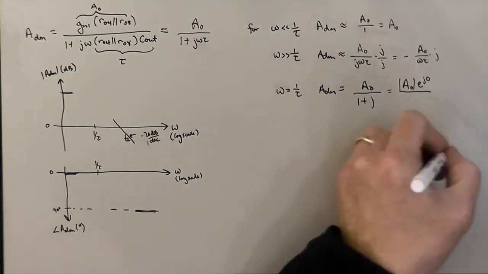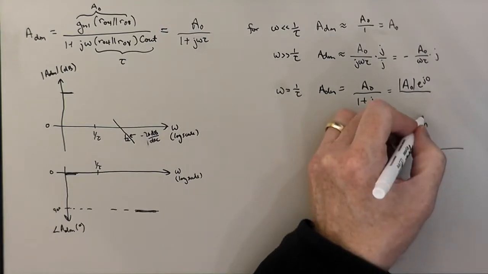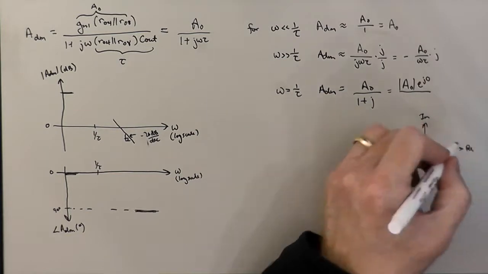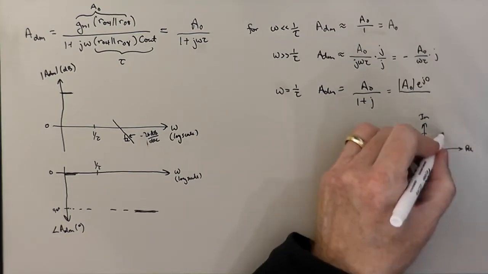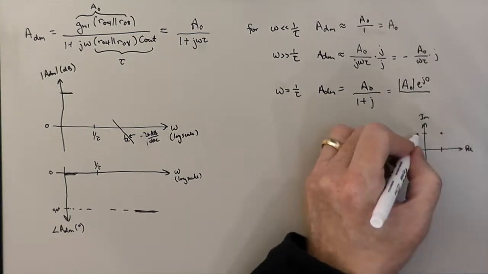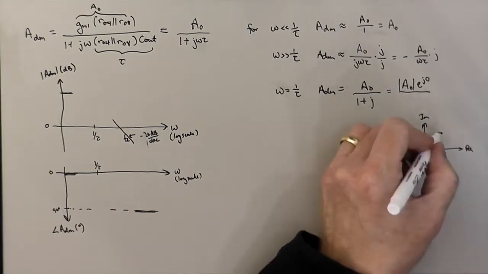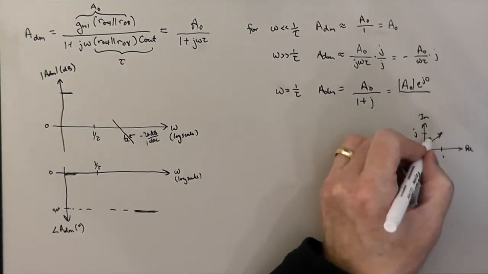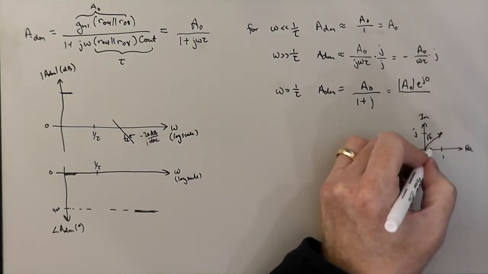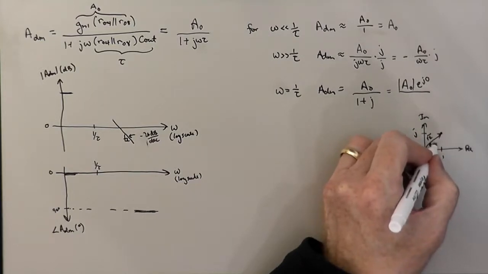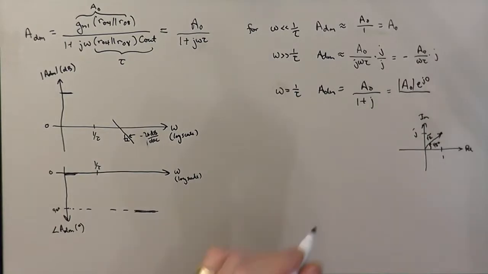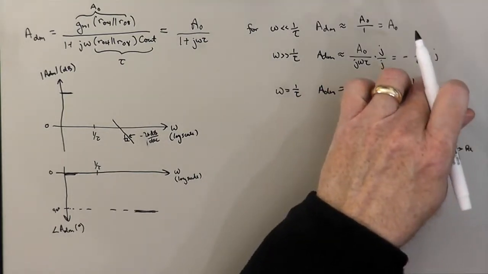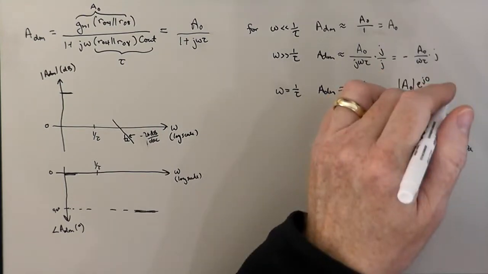So this is the imaginary axis, and this is the real axis, 1 plus j, so this is magnitude of root 2, an angle of 45 degrees.